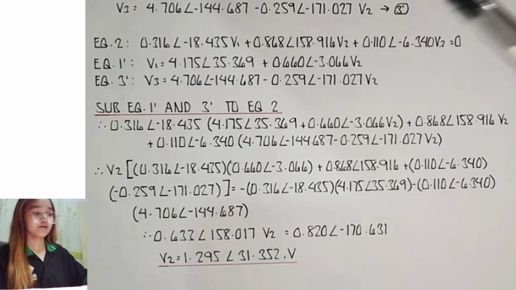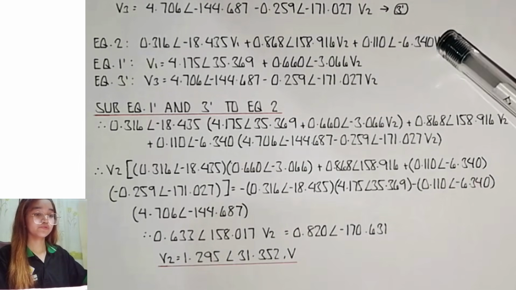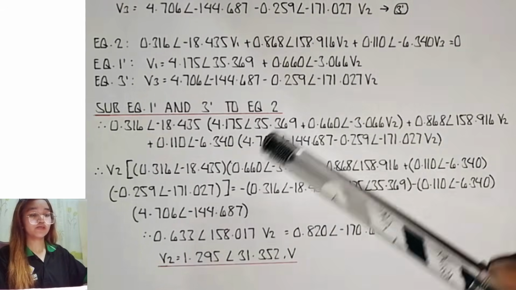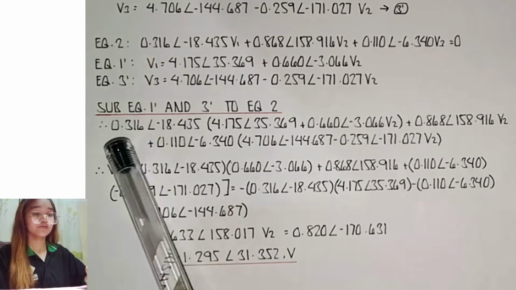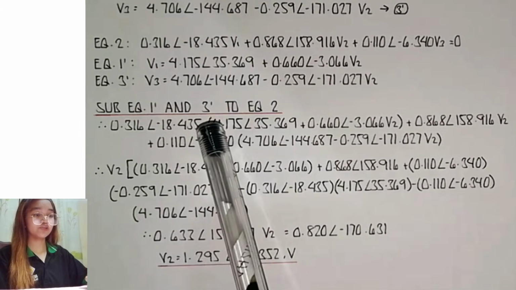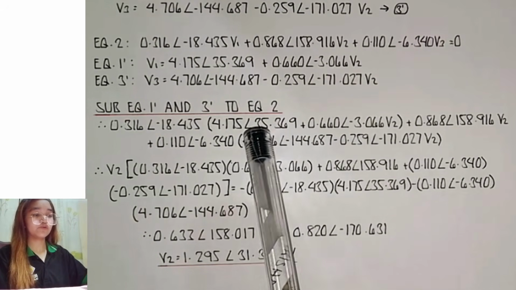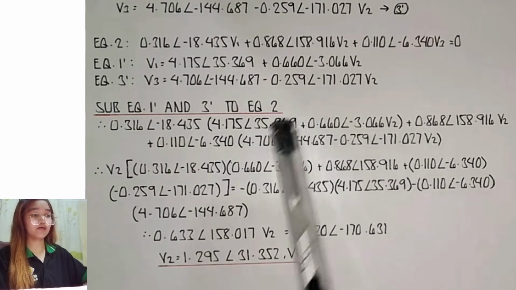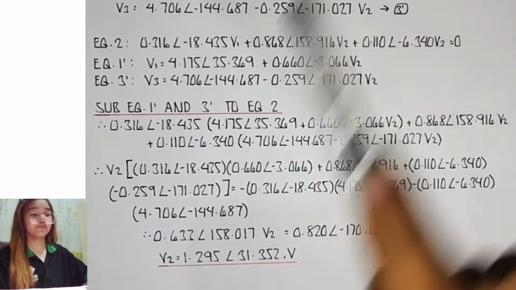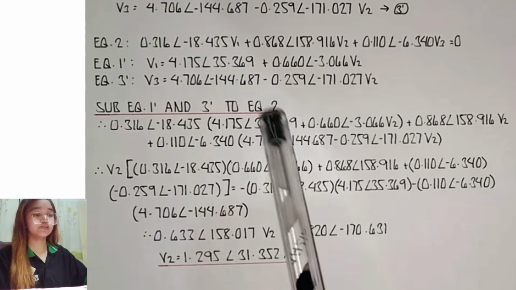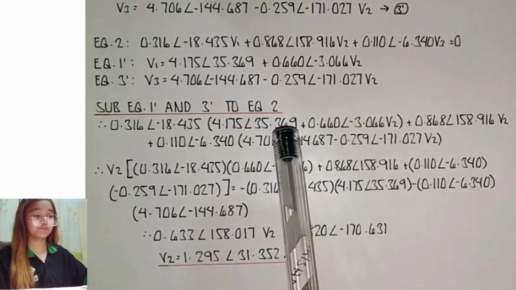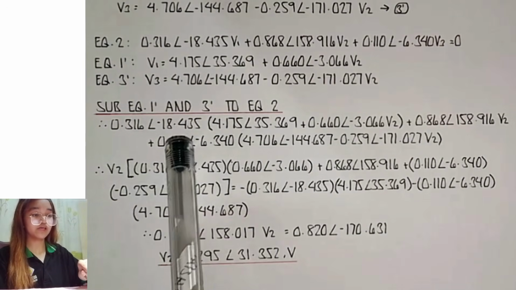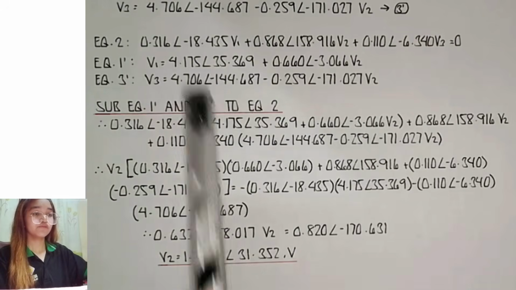So from equation 2, 1 prime and 3 prime, we can substitute equation 1 prime and equation 3 prime into equation 2, since this is the only one that has not been touched among our equations. So in equation 2 we will substitute them. So equation 2: 0.316 angle negative 18.435 V1.